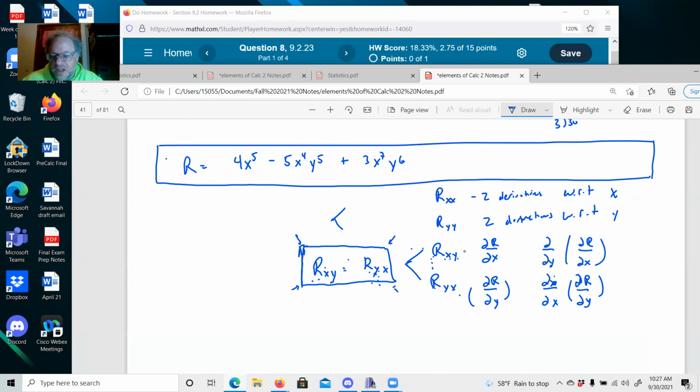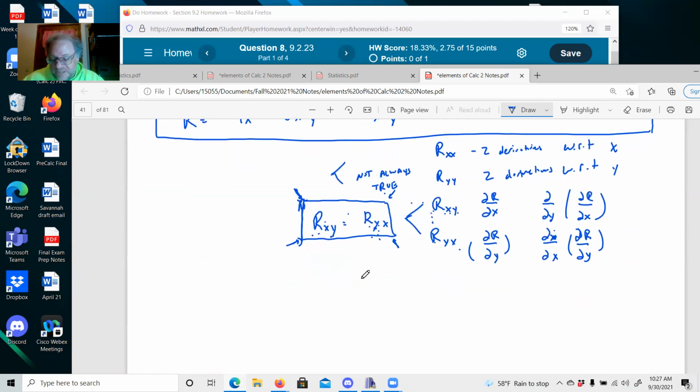Not a rule, not always true. But for every undergraduate function that they subject you to, it's true, unless again you take one of the weirder math classes that goes into this. All right, so that's second derivatives.